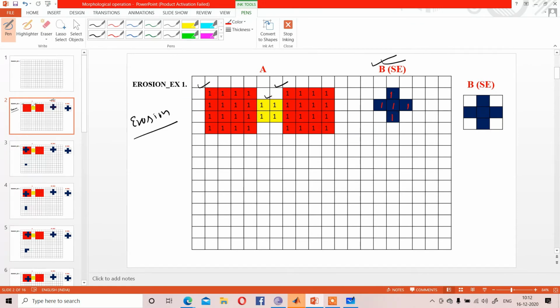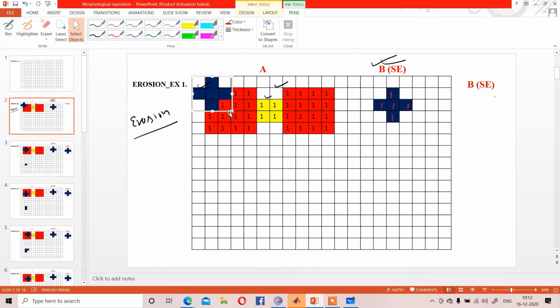To do the erosion, what are the steps? You need to compare the given structuring element. Suppose that is your structuring element. You need to compare it, meaning at each and every place of the given data you put the structuring element, and check whether all 5 values of the structuring element completely fit the image or not.